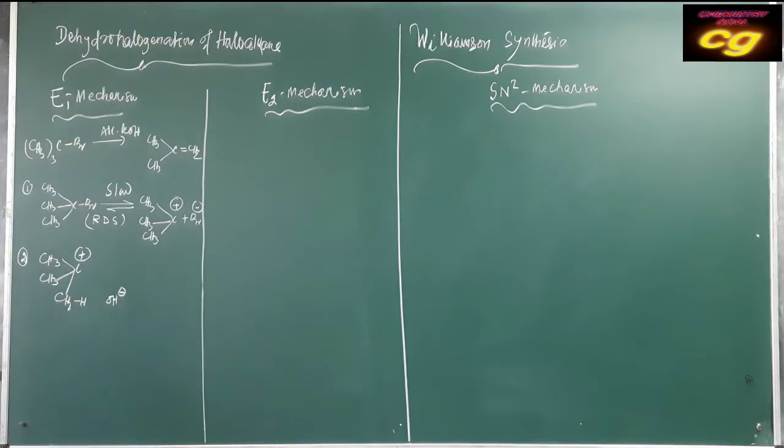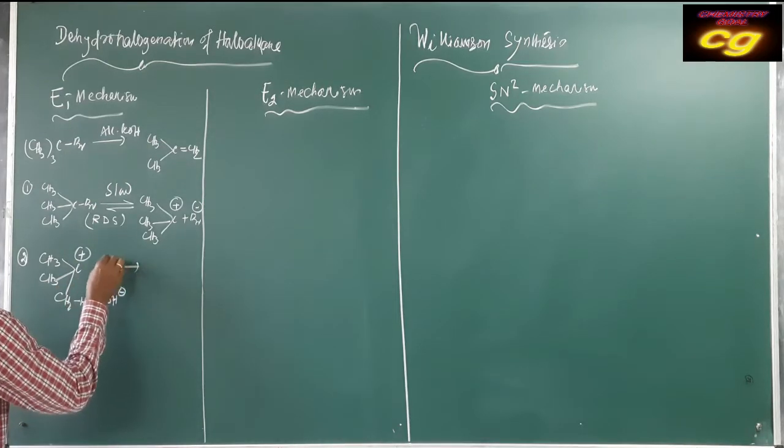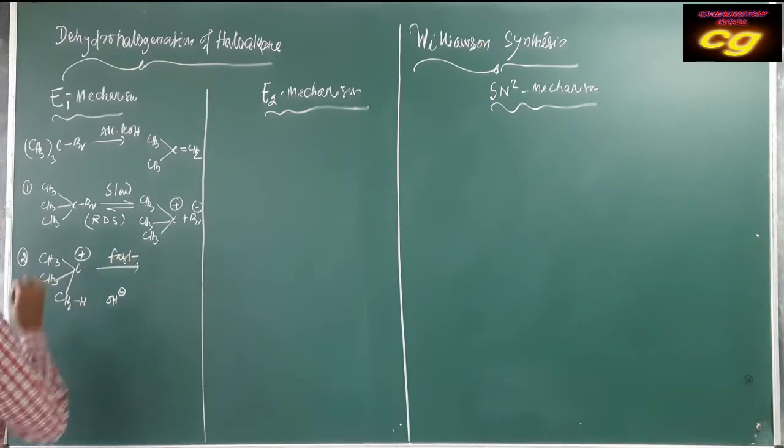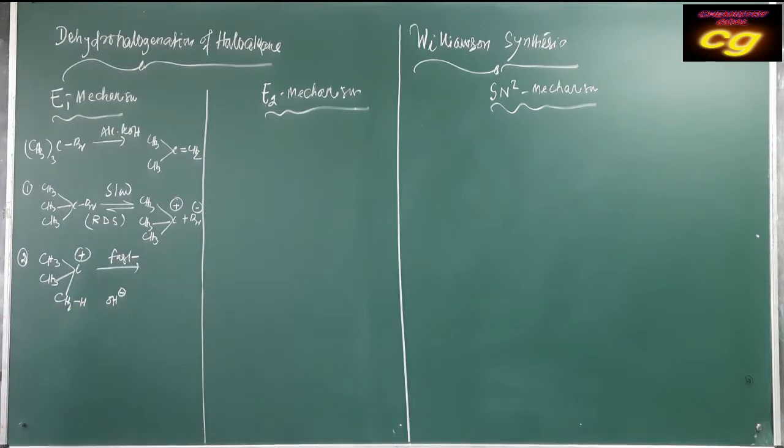Then what happens here? In this step, this OH minus takes a proton. The H plus from this C-H bond will be taken by OH minus, because OH minus acts as a base now.